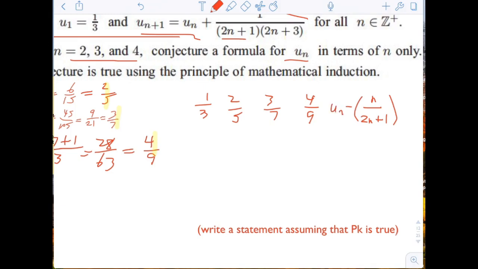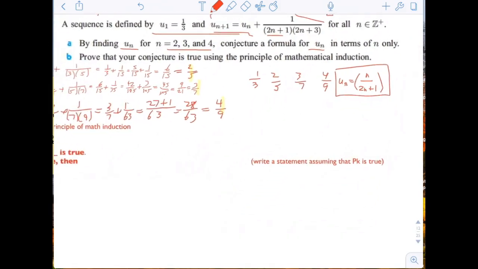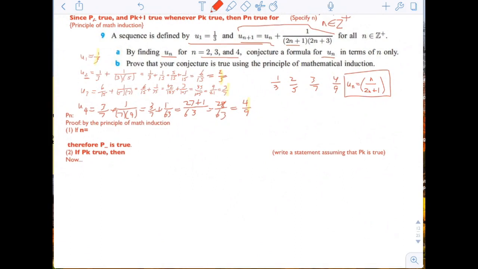So this is my proposal, or my proposition, that there's an explicit formula, u_n equals n divided by 2n plus 1, which would describe the sequence. So we got the proof.